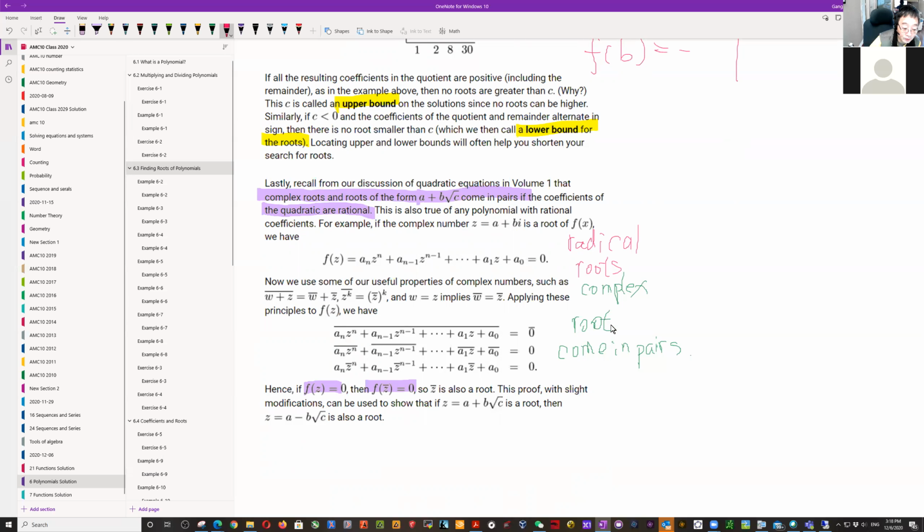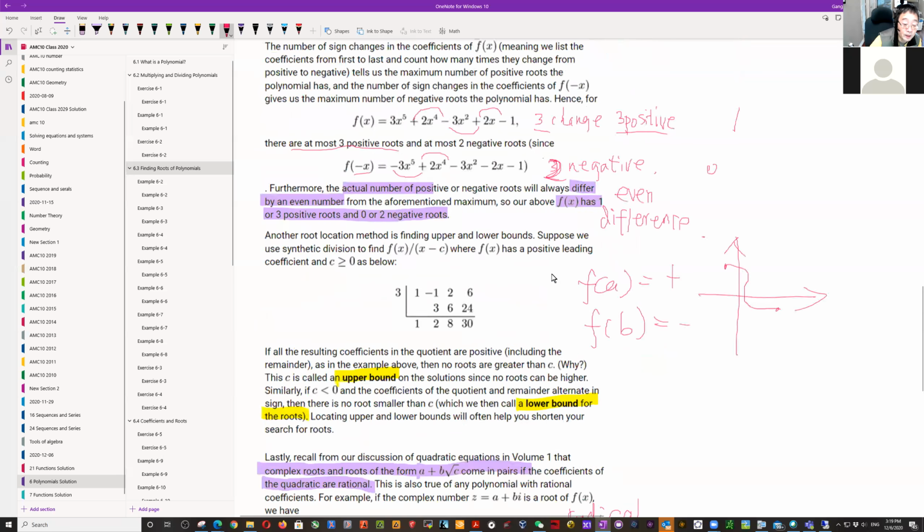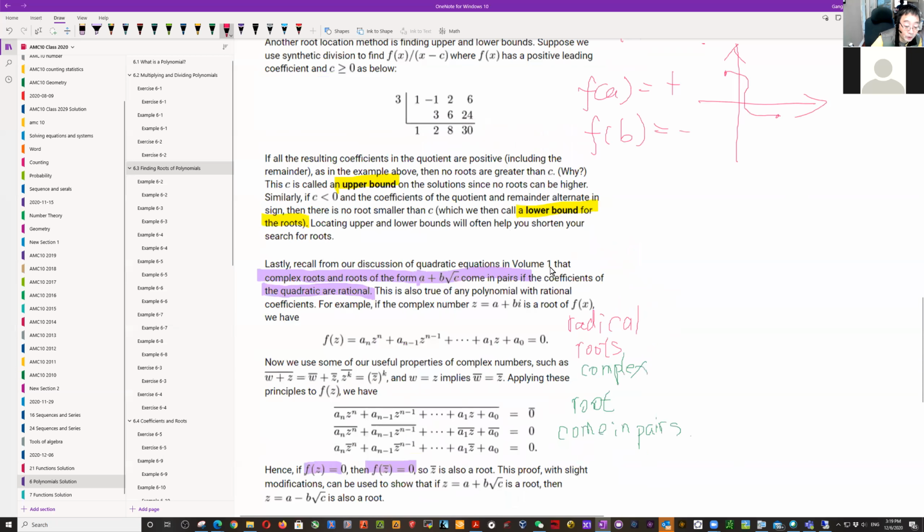You can prove that in a polynomial with integer coefficients, if you have a radical root, then its conjugate is also a root. Or if you have a complex root, its conjugate is also a root. Okay, so these are the properties we need to go through.